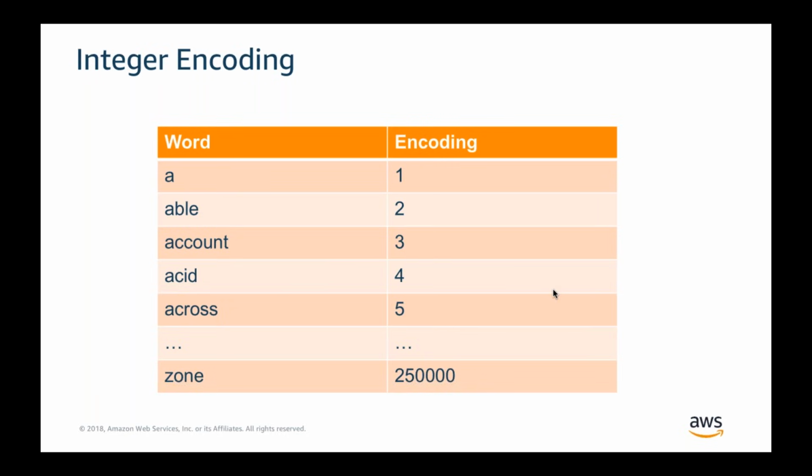The reason is this. Let's say you're trying to classify or predict a word, and your neural network is trying to predict the word acid, which is number 4.